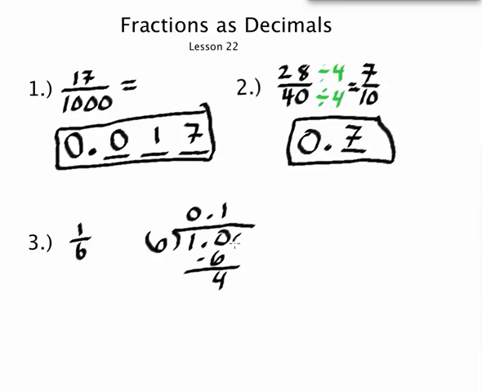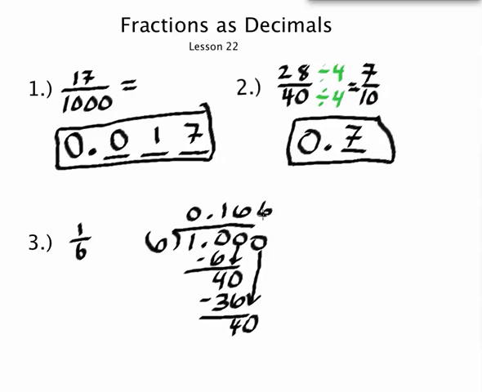I add a 0. I bring it down. 6 now goes into 40 6 times. That's going to be 36. I subtract. That's going to be 4. I add a 0. I bring it down. And at this point, I'm seeing that this is going to have this repeating pattern with the 6's.